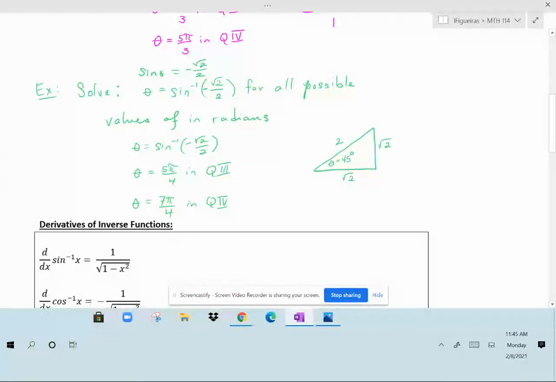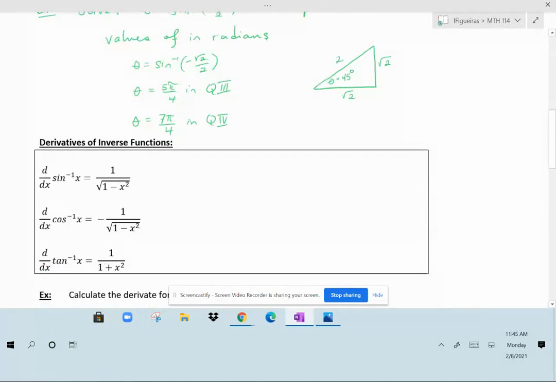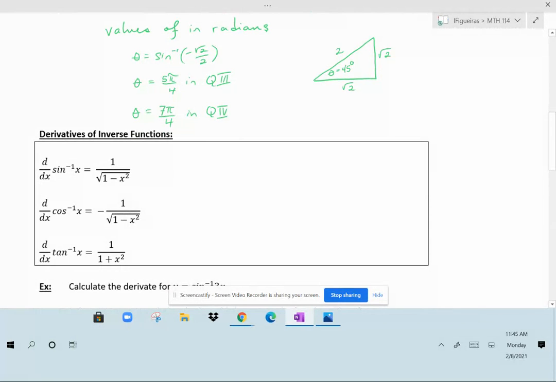Okay, so let's talk about derivatives. So we're going to learn three derivatives for inverse trig functions. So if I wanted to know the derivative of sine inverse of x, the derivative is 1 over the square root of 1 minus x squared. And that same x that's there gets squared.